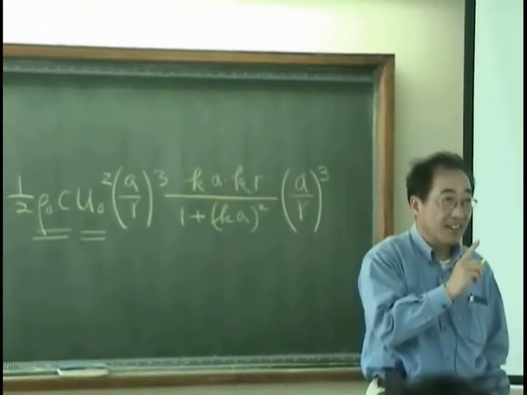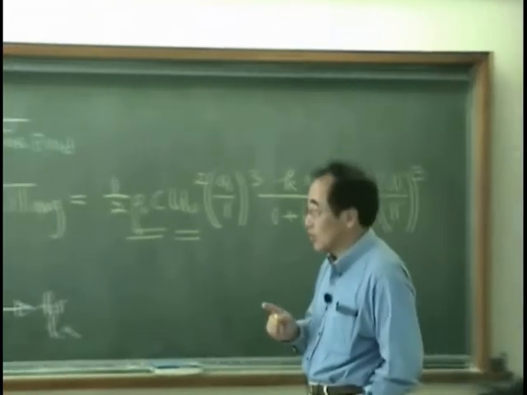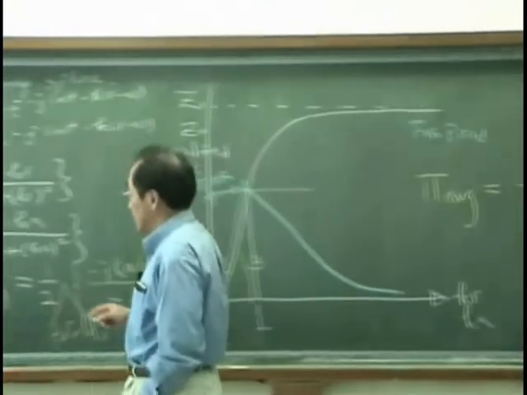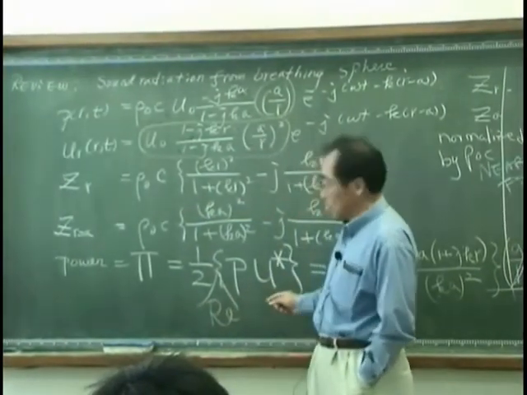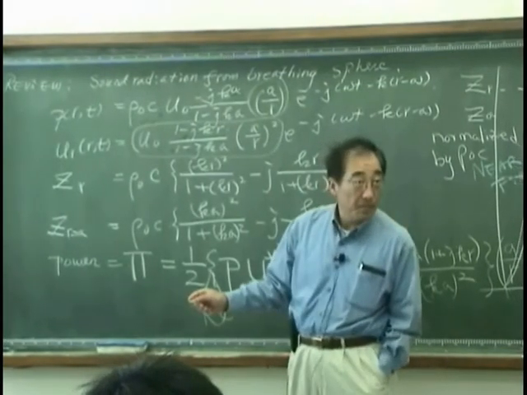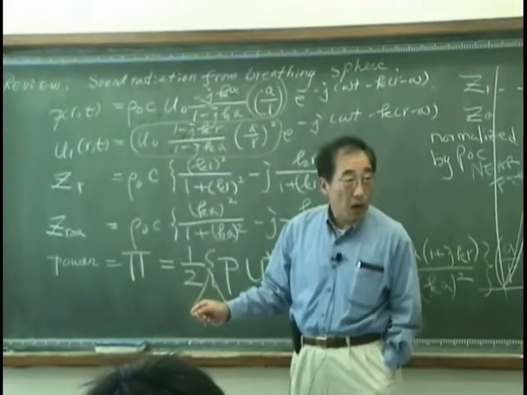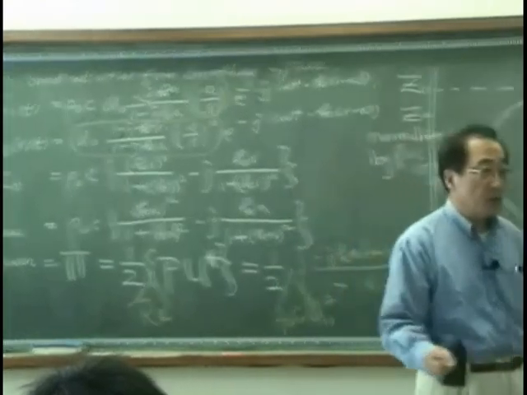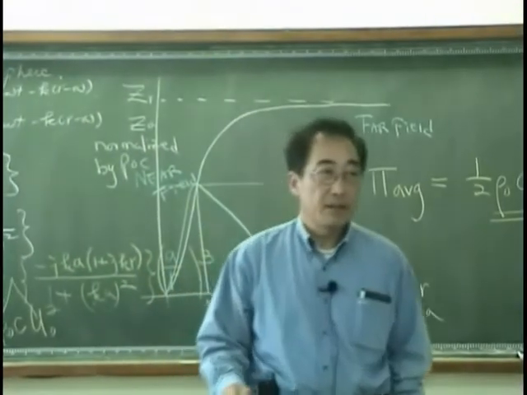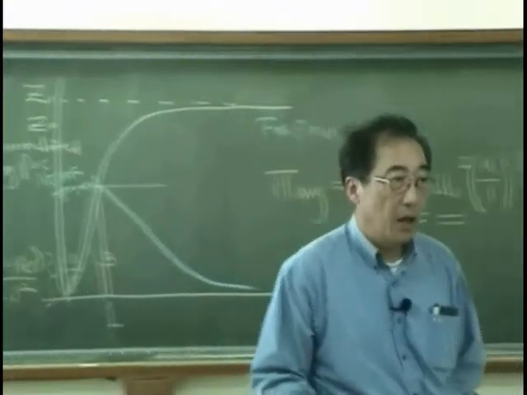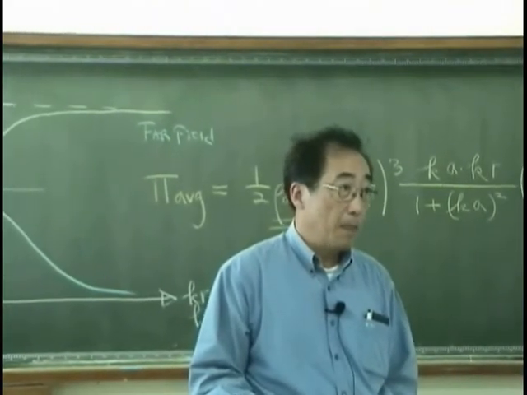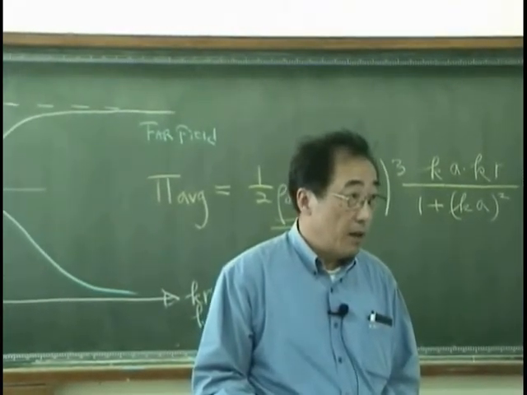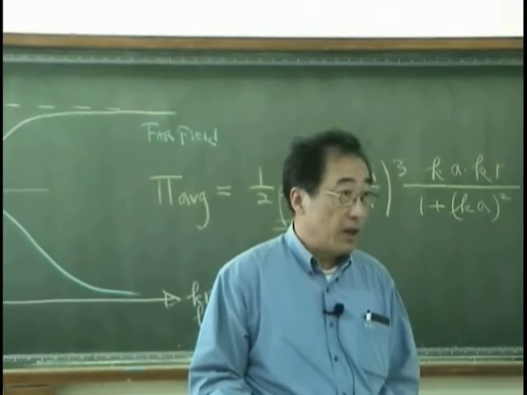Okay, that's a very excellent question. He said this is 1/2 real part PU is intensity. Right? So power has to be what? Intensity multiplied by what? Area. What's the area in this case?